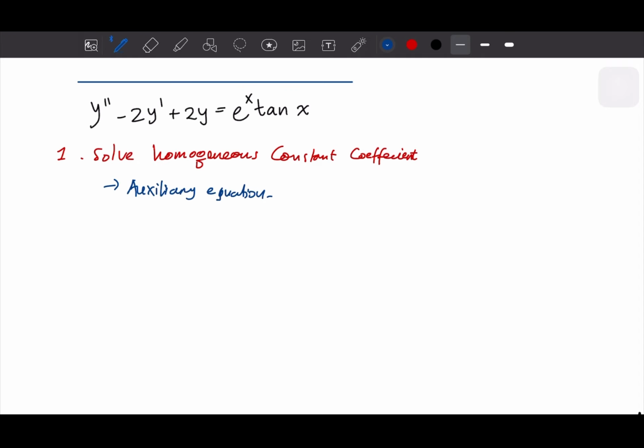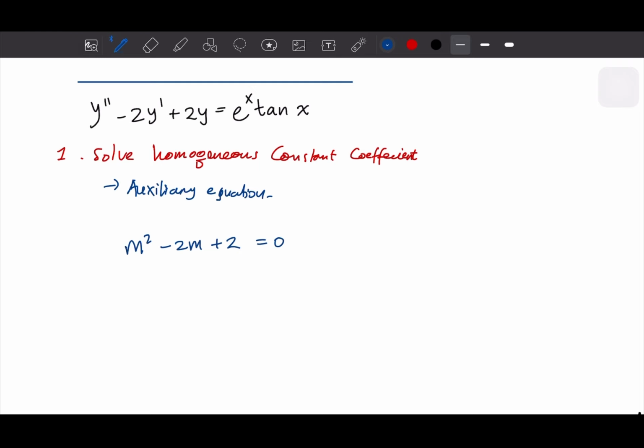How to find m? We use the order as our degree, so we take m squared minus 2m plus 2 equals 0.